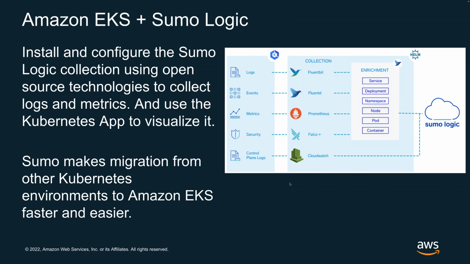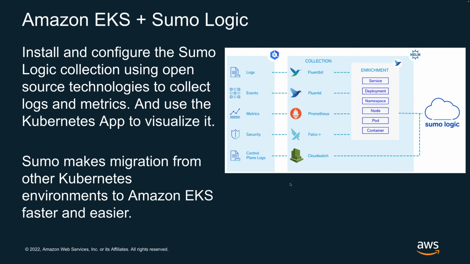So that's really the cool value add that you get in addition to the collection from using various open source technologies. What really shines in terms of Sumo's integration with EKS is the fact that it makes it easy for one to not only consider Kubernetes deployment on Amazon, but also for other Kubernetes environments, say, for example, running on premises, other cloud providers, other data centers.